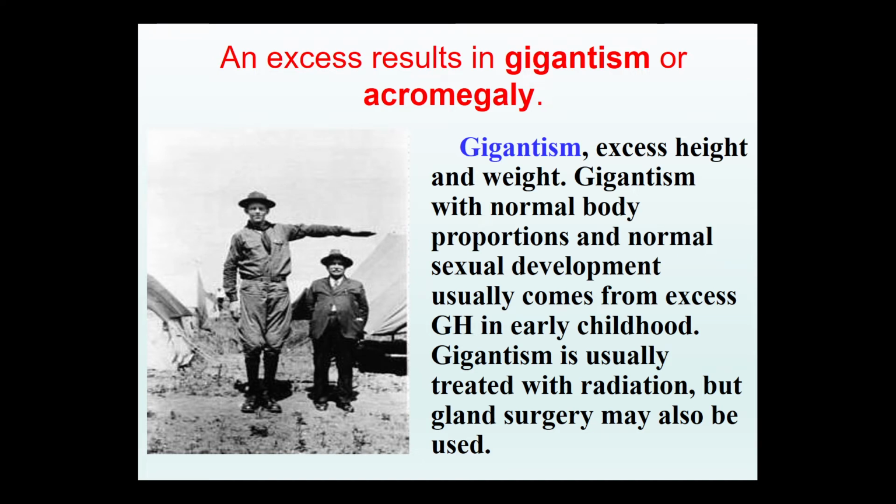Gigantism presents with normal body proportions, normal sexual development, and absolutely normal mentality, but abnormally excessive height and weight. This disorder usually results from a tumor of somatotrophs. Gigantism is usually treated with radiation, but gland surgery may also be used.